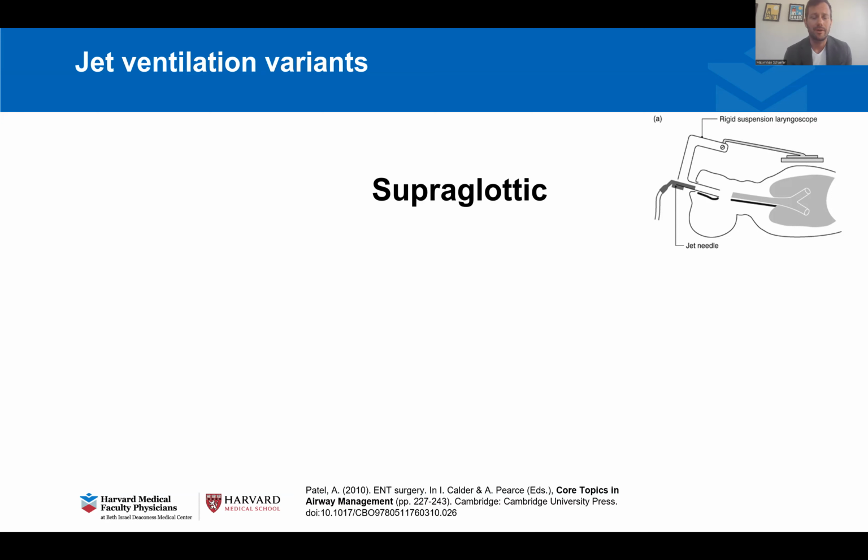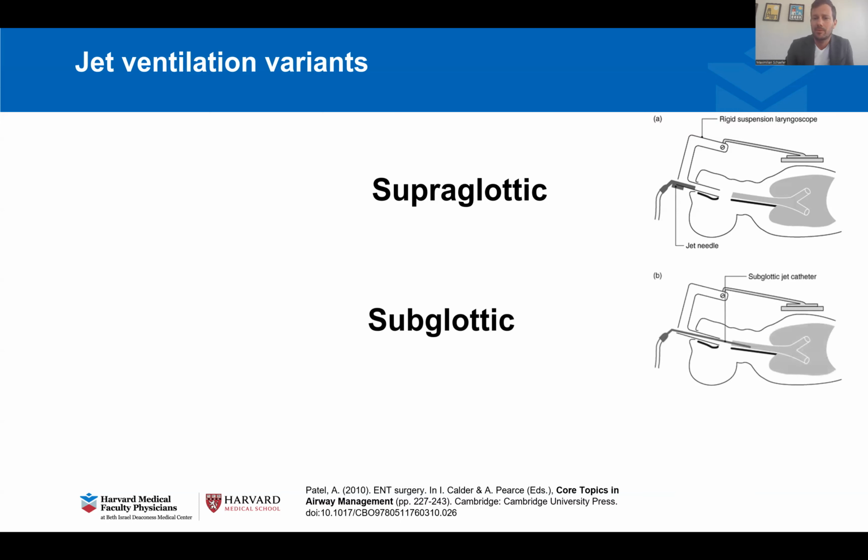There are a couple of variants. Overall, we basically distinguish supraglottic from subglottic airway obstruction jet ventilation. So supraglottic, there are a couple of devices to facilitate this, versus subglottic, which basically means that the device is usually inserted through the glottis, like an endotracheal tube, for example, and then jet ventilation is conducted through that specific device.